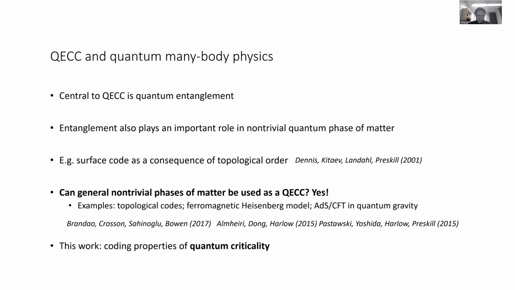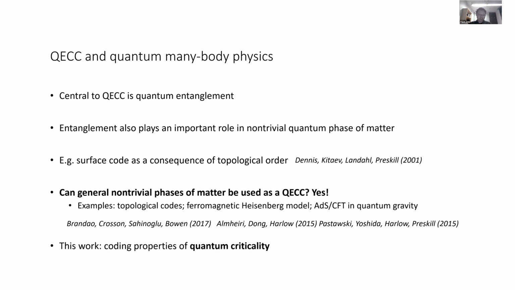One fruitful example of combining quantum phases of matter and quantum error correction is called the surface code, which was put forward by Dennis and Kitaev, 20 years ago. Alongside the surface code, there's a notion called topological order in condensed matter systems. In fact, you can show that if you have topological order, that is a good error correction code.